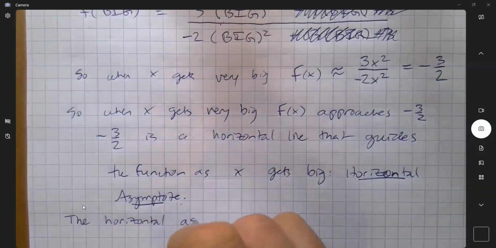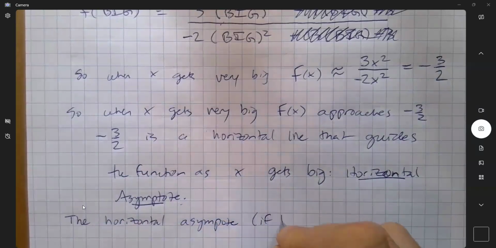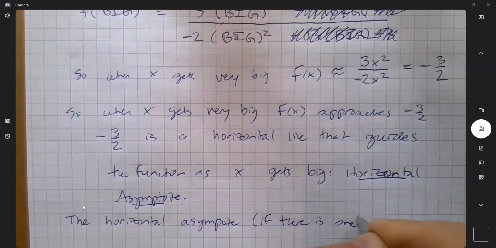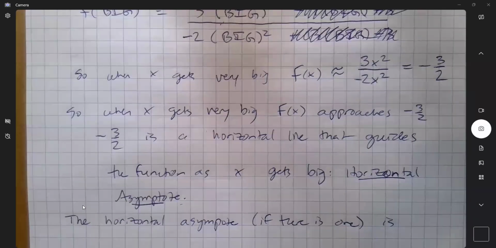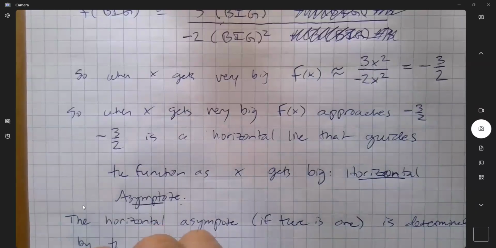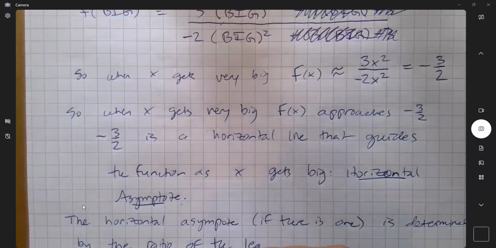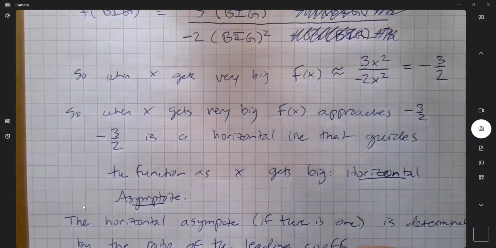The horizontal asymptote, if there is one, is completely determined by the ratio of the leading coefficients.